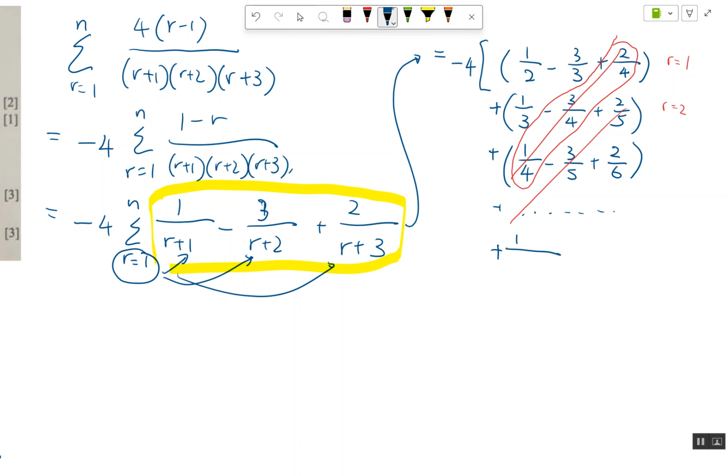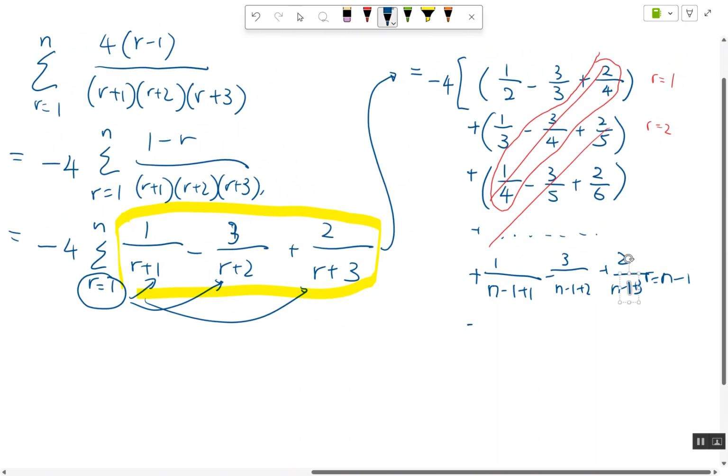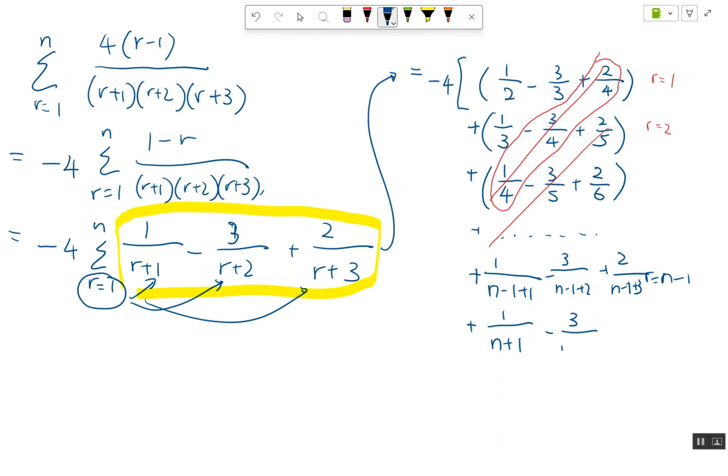The second last term is when r equals n minus 1: 1 over n minus 1 plus 1 minus 3 over n minus 1 plus 2 plus 2 over n minus 1 plus 3. As well as the last term: plus 1 over n plus 1 minus 3 over n plus 2 plus 2 over n plus 3.